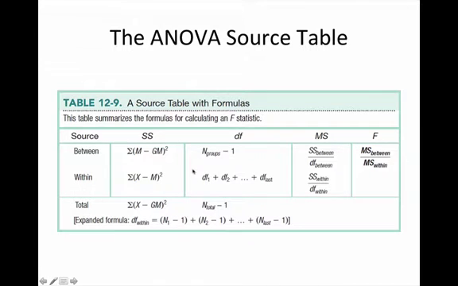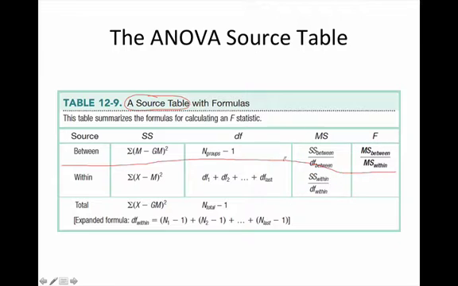Now, I took this image from another textbook that I've been using for a while, because your textbook didn't have a good discussion of the analysis of variance source table. But all of these things that we've been talking about go into what's called a source table in analysis of variance. And it has 2 essential lines.